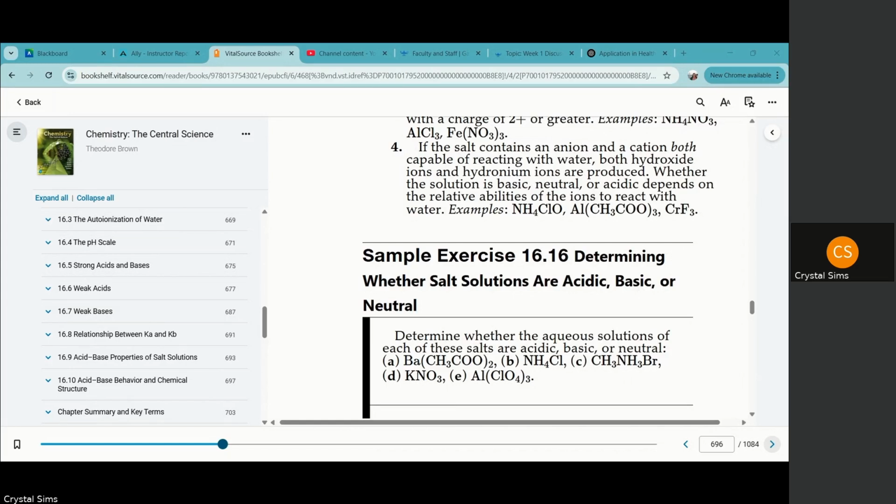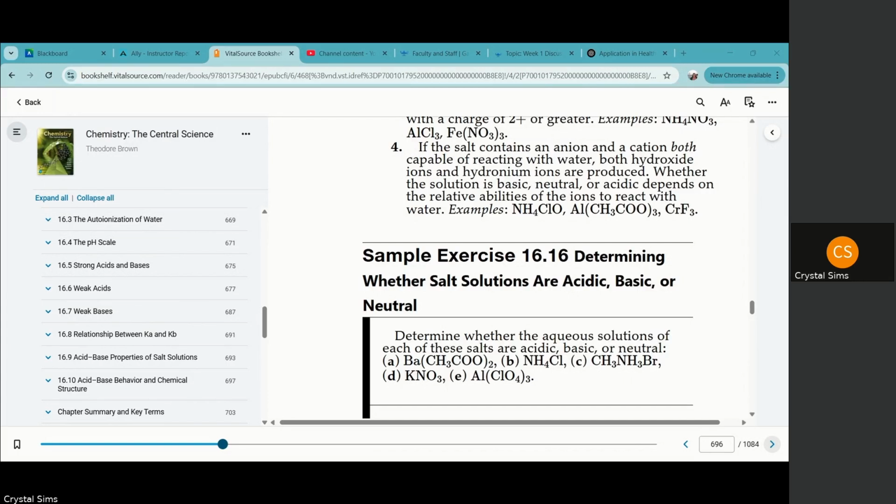So the first salt that we have is barium acetate, Ba(CH3COO)2. We're going to look at the rules there and just determine from those if the salt is acidic, basic, or neutral. Once we put this salt into a solution, it will dissolve into barium ions and acetate ions. Barium is a heavy alkaline earth metal.